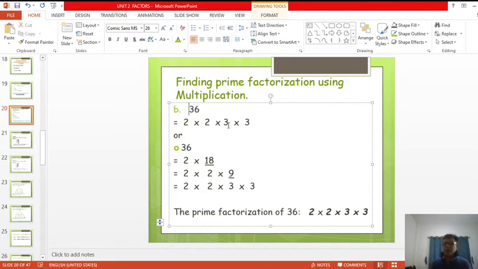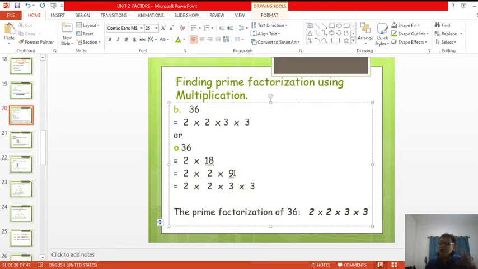Or if you want to be sure, slow down again, start with the smallest prime number: 2 times 18 is 36, right? So you copy this 2, then you extract again. 2 and 9 is 18. After that, you copy this one down and extract 9, because 9 is not a prime number, remember?